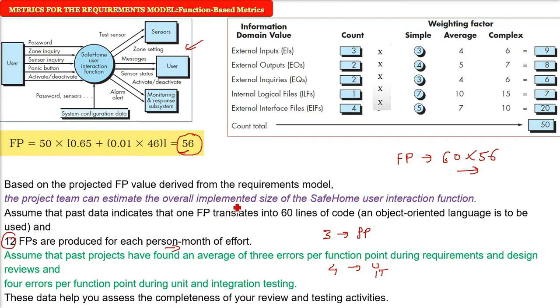So you know the number of errors per function point, and function point is known. So the line of code is known, effort is known, number of errors are known. So this kind of data helps you assess the completeness of a review and also the testing activities. Okay, how much code you have written, what effort you have to put, and the review and testing activities. That is why this function based metric is so important.